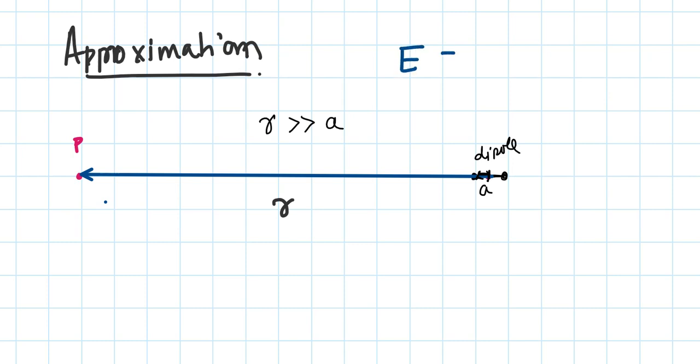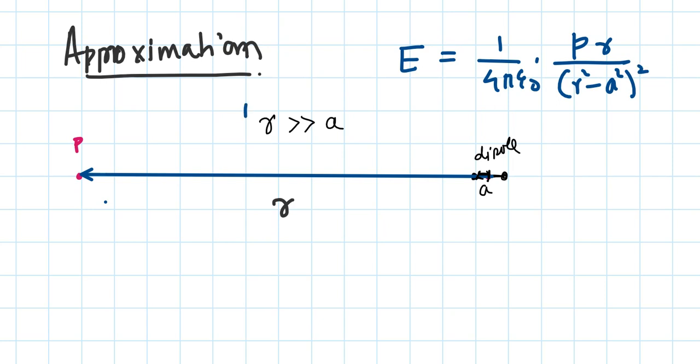The original expression was E is equal to 1 by 4 pi epsilon 0 P. I am only writing the magnitude. Dipole moment P times R divided by R square minus A square, the whole square.